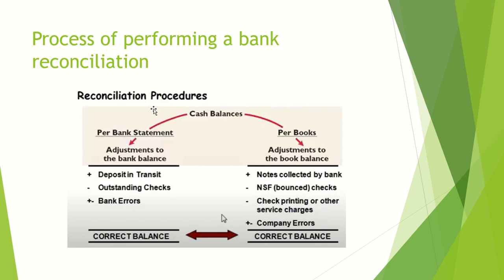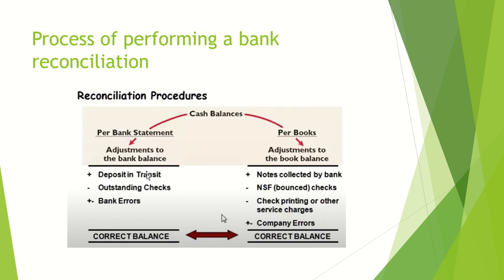And when you take all of these items into consideration from the bank side, these differences that occur on the bank side, and if you take all the items from the book side, all of these differences here, then you should come up with the correct balance here.